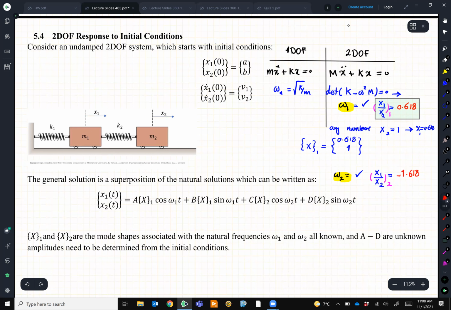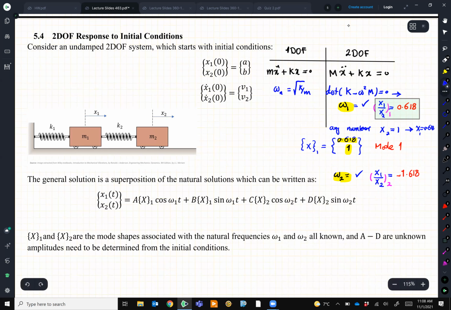So just one way to show the mode shapes. Rather than showing it with that ratio, we'll just use this vector form. Now by looking at this, we will say if my x2 is 1, my x1 is going to be 0.618. As I said, it doesn't have to be 1. Of course, 0 is useless. You can go with 10, but I prefer 1 because 1 is easier to deal with.